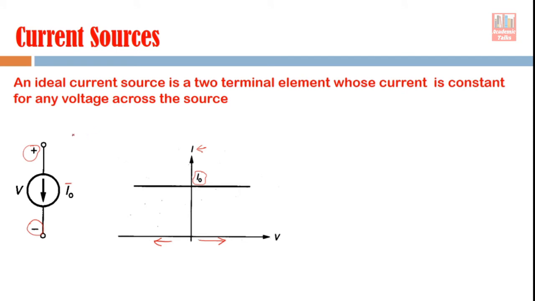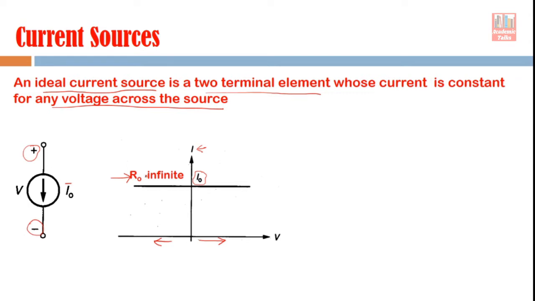So, how to define an ideal current source? An ideal current source is a two terminal element whose current is constant for any voltage across the source. And if we talk about the ideal current source, there is one parameter or one characteristic, that is R naught. R naught is the resistance, that should be infinite.